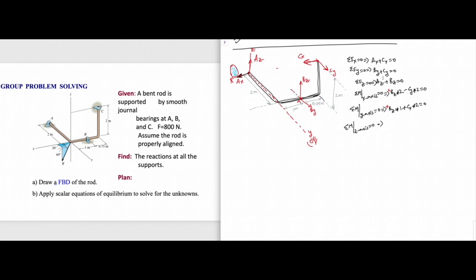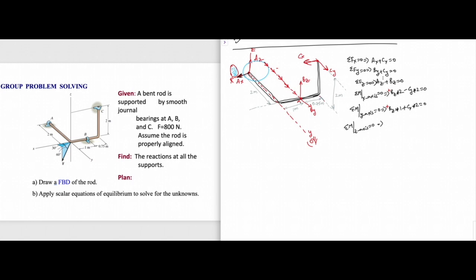The line of action of BY is like that. So how does BY rotate with respect to z-axis? This gives a rotation with respect to z like that, and isn't the direction of BY going along positive y? That means on the circle, isn't the arrow supposed to be like that?